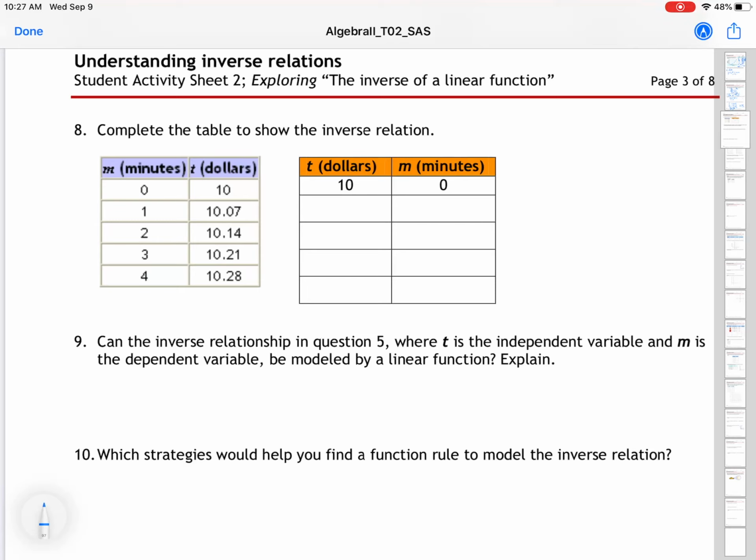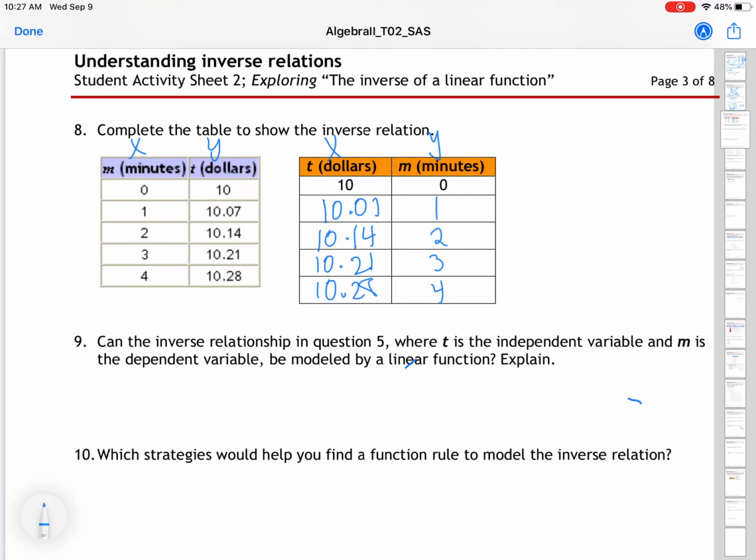It says complete the table to show the inverse. Remember, all we're doing is swapping. Originally, my minutes were my x values and my dollars were my y values.